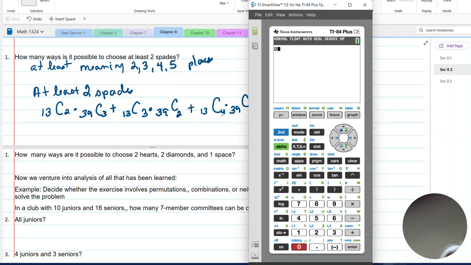Okay, so I'm going to have 13, math, PROB, choose 2. I'm going to up arrow here, times 39, math, PROB, number 3, and we're going to choose the 3.